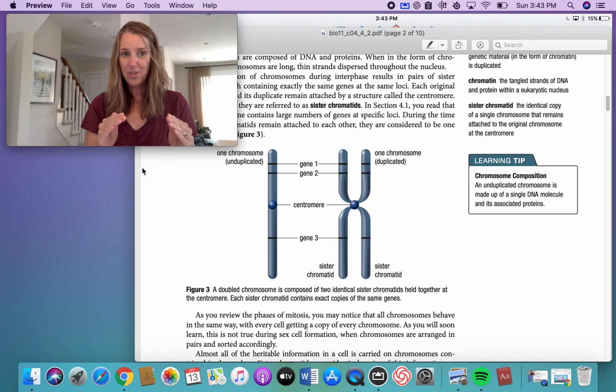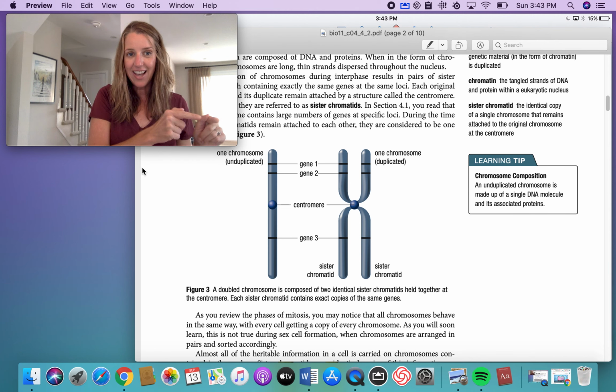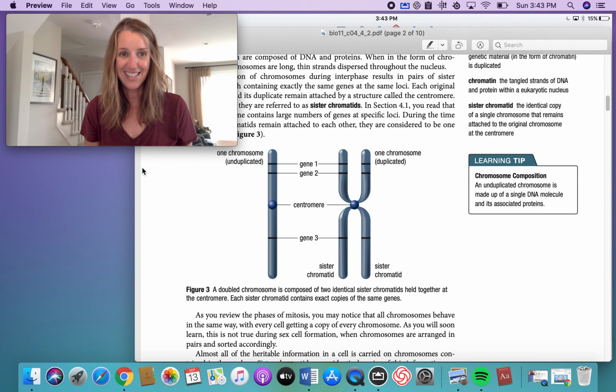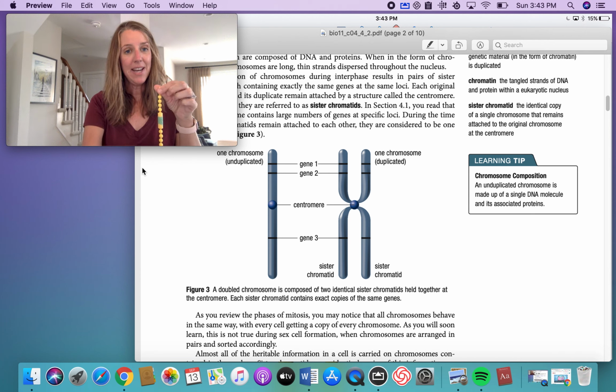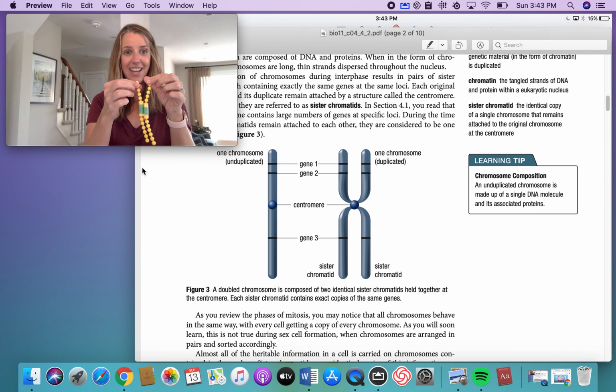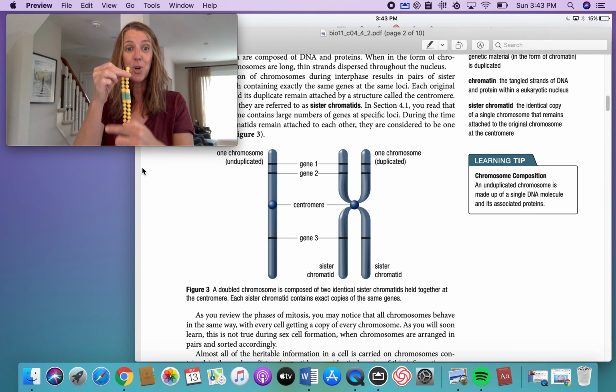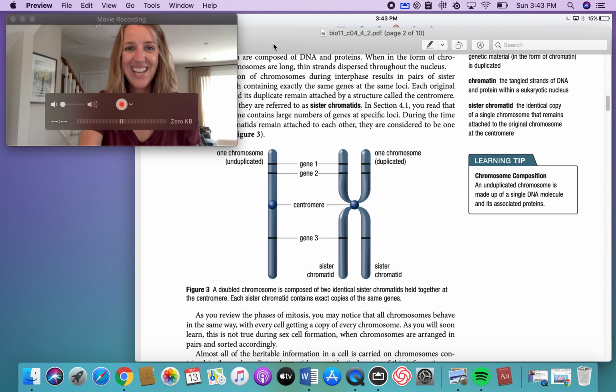That's called mitosis, and that's what the next lesson in our biology series is. I want you to understand right now that the one little chromosome that looks like this is called a chromosome, and when it makes a copy of itself, it's also called a chromosome. This is what it looks like in our textbooks.